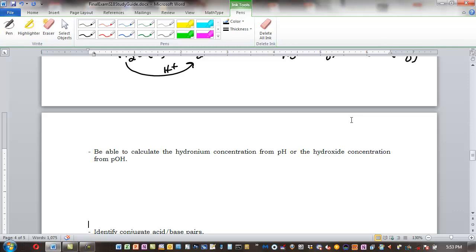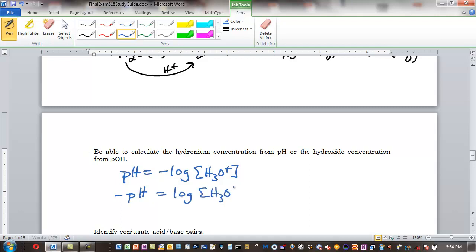Be able to calculate hydronium from pH or hydroxide concentration from pOH. How do we do that? 10 to the negative pH. It's just rearranging the equation. We know that pH is the negative log of the hydronium concentration. If we multiply through by -1, we get negative pH is equal to log of hydronium.